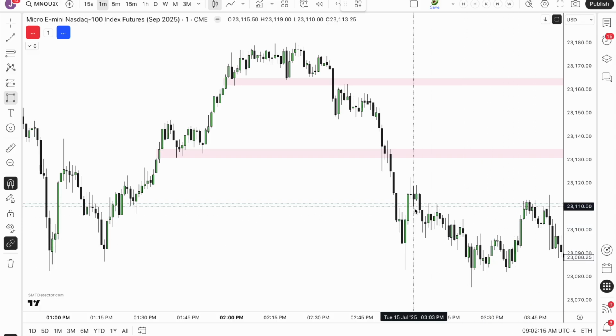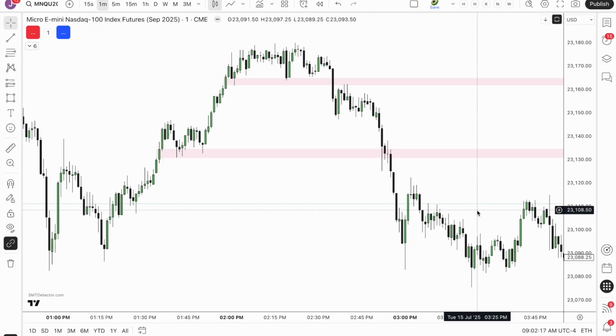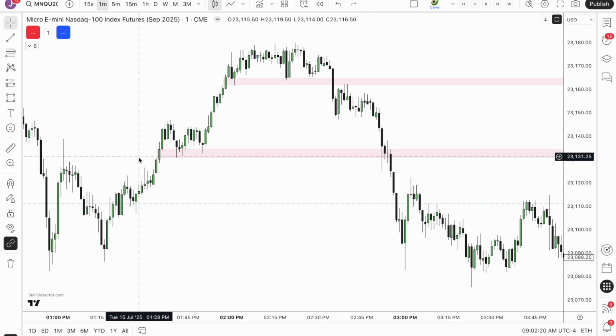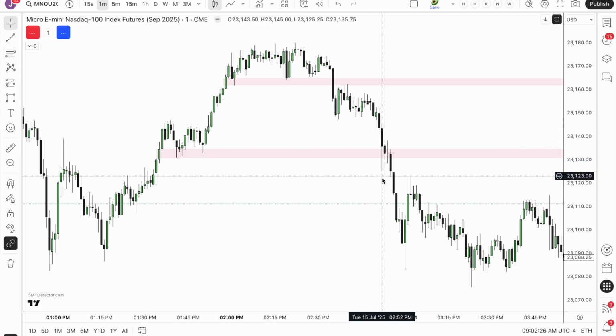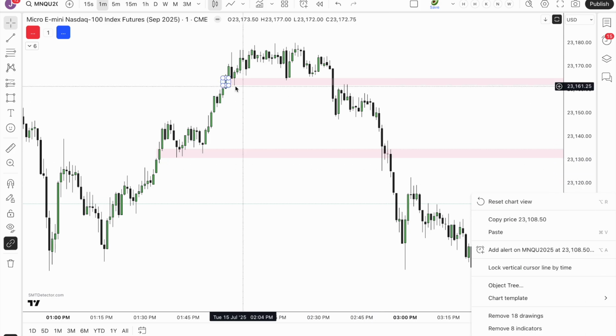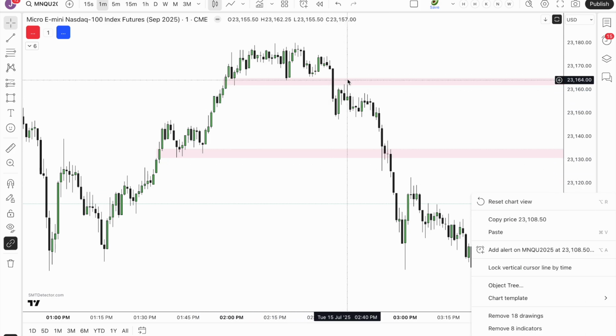I don't see an example in this price action here. I'll show you on another market maker model, but anyway, these are the fair value gaps I would want to use, ones that have been tested. You get down below it, you use it as resistance. Same here, you get down below it, you use it as resistance.